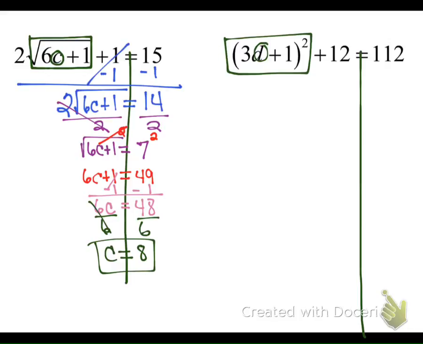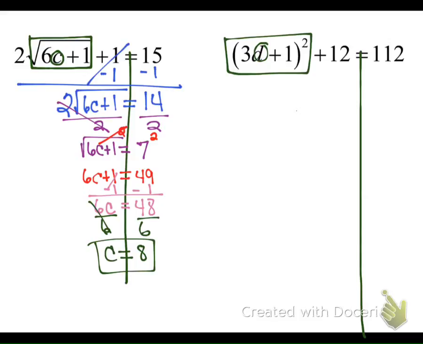Yeah, because there's a square, I cannot distribute. Like right here, we didn't distribute that, did we? Why couldn't we distribute it? Well, it's not parentheses, but some people want to distribute it because it's still multiplying, but you can't distribute when it's a square root. And you can't distribute when it's a square. You can only distribute when it's a set of parentheses without a square or a square root attached to it.